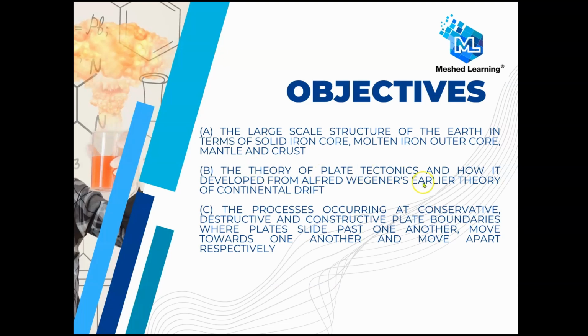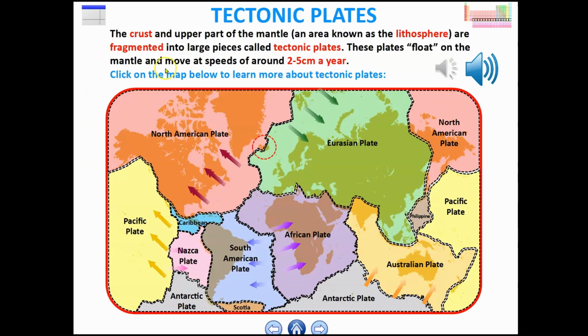The theory of plate tectonics shows that these plates are moving, about 2 to 5 centimeters a year, which is about the speed at which our fingernails grow. The crust and the upper part of the mantle are known as the lithosphere, and are fragmented into pieces called tectonic plates. These float on the mantle and move at the speeds I mentioned.